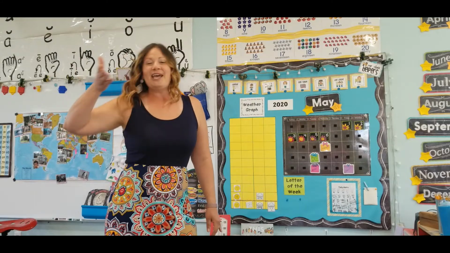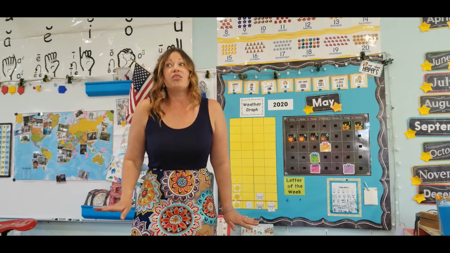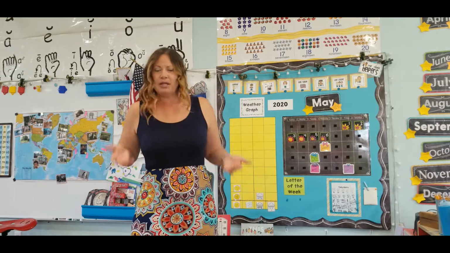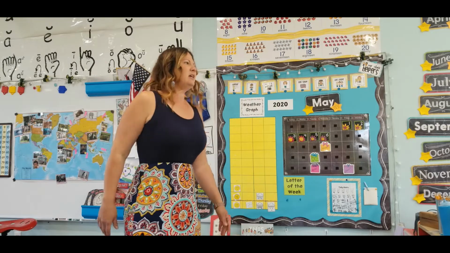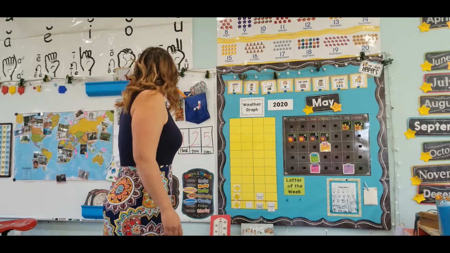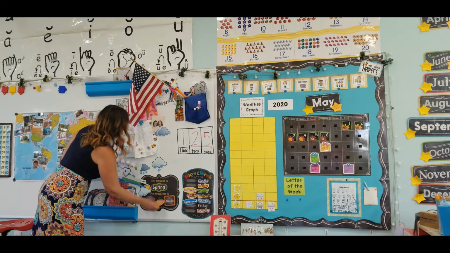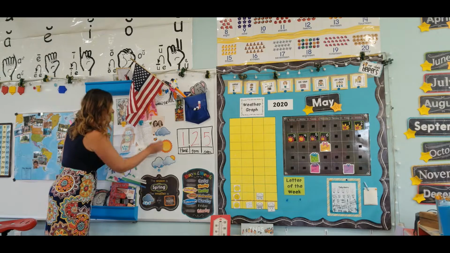So Tuesday, Wednesday, what will tomorrow be? Thursday. Can you believe that we've already been through a whole other week of school almost? It goes so fast. Okay, it is still spring. Let's change the sunny to some rainy.